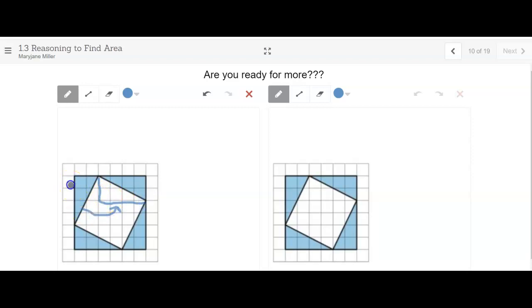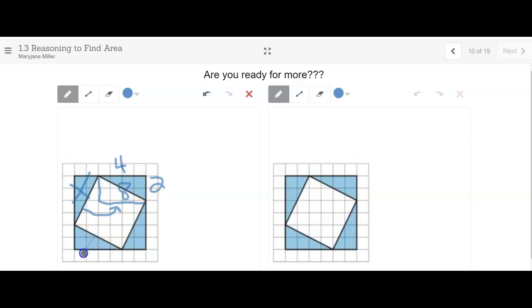So if I take this shape and cut it off from right here in this spot, and I move it right here, I now have a rectangle, and I know how to find the area of a rectangle by multiplying the length. I have 2 units tall by the width. I have 4 units across, and so that would make this rectangle 8 units.